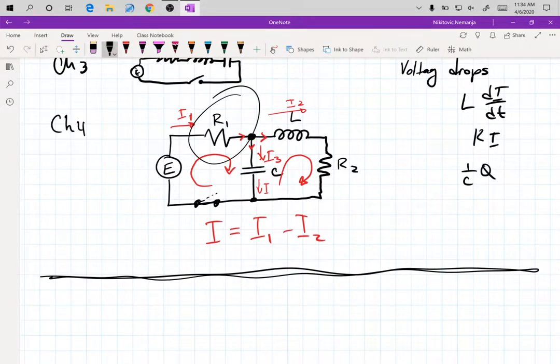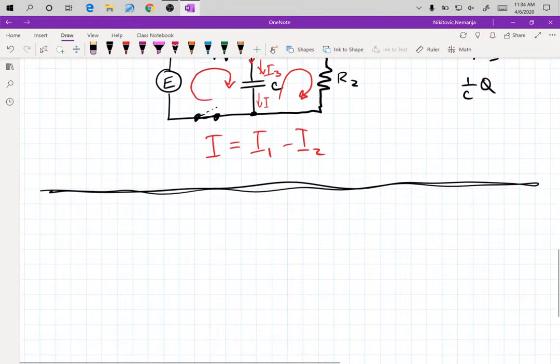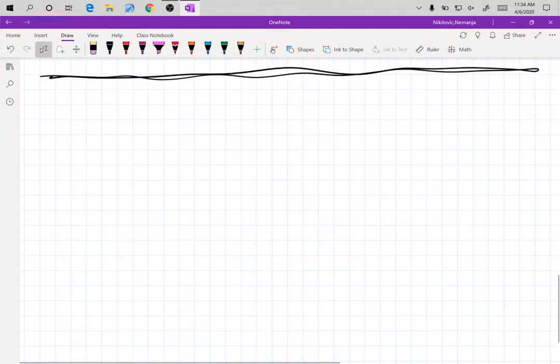So for R over here, you write it in terms of charges, you differentiate it just like we had it in our 3.7, I believe, and you will have two equations that would be coupled.